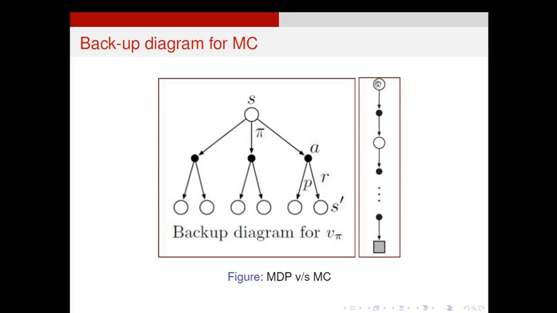Then it is connected by a sequence of states and actions like that. So this is called an episode. An episode is simply a sample starting from the initial state to the terminal state in the form of a sequence of states and actions.